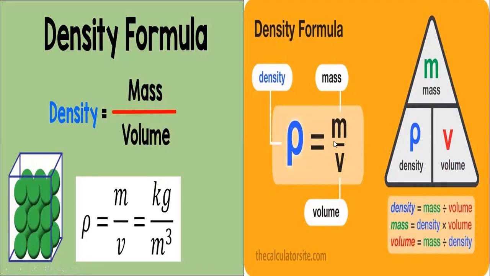If we want to get density, it's mass per volume. If we want to get mass, it's density times volume. If we want to get volume, it's mass per density.